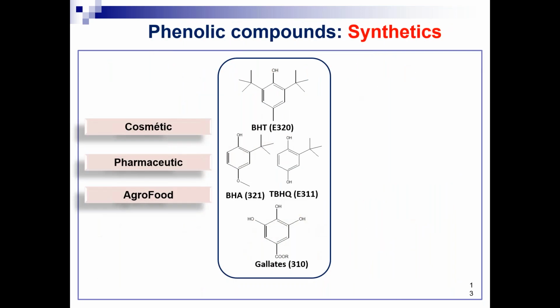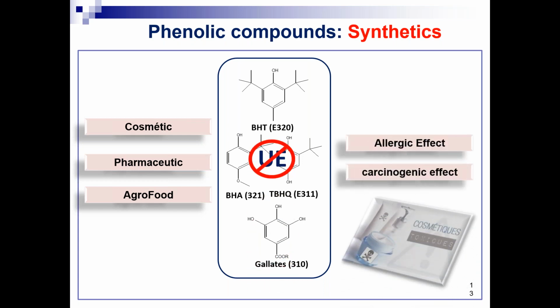The problem nowadays is the use of BHT or BHA and other compounds for stabilization of food and for medicinal use. However, it is now known that these compounds have an allergic effect and a carcinogenic effect. For that, the European Union has not given a law to use these compounds for stabilization.